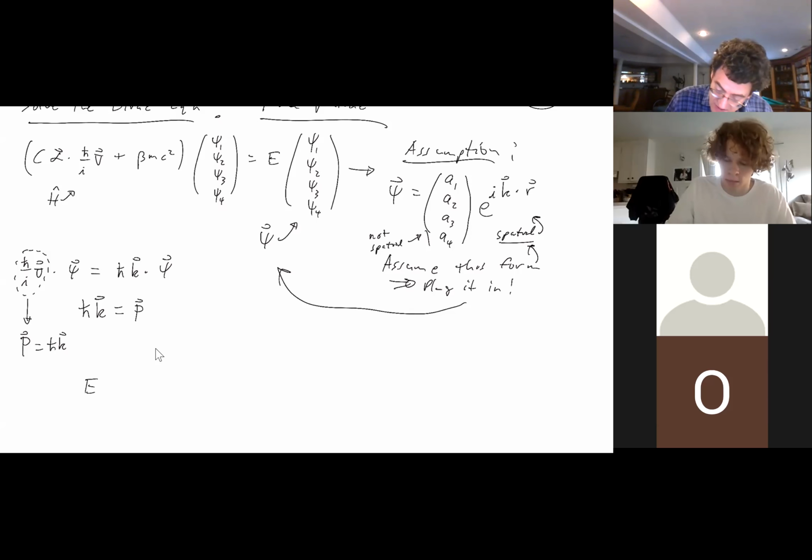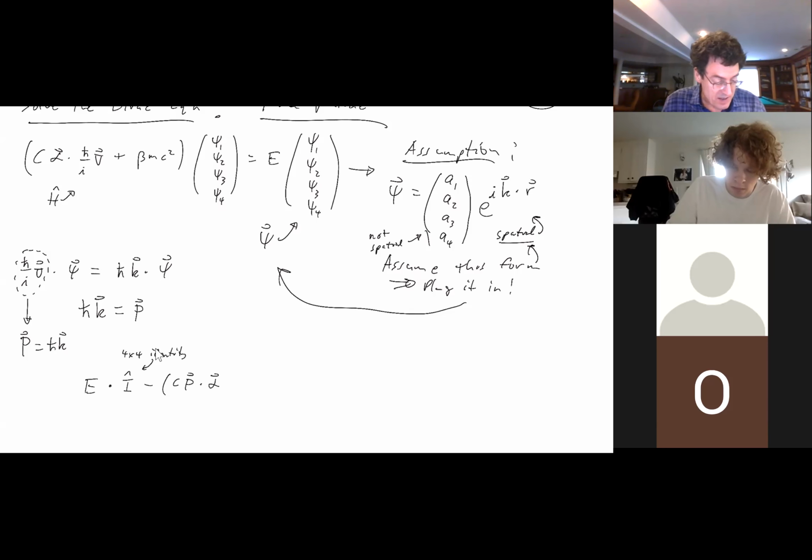E times the 4x4 identity matrix minus c p dot alpha plus beta m c squared, times A1, A2, A3, A4 equals 0.